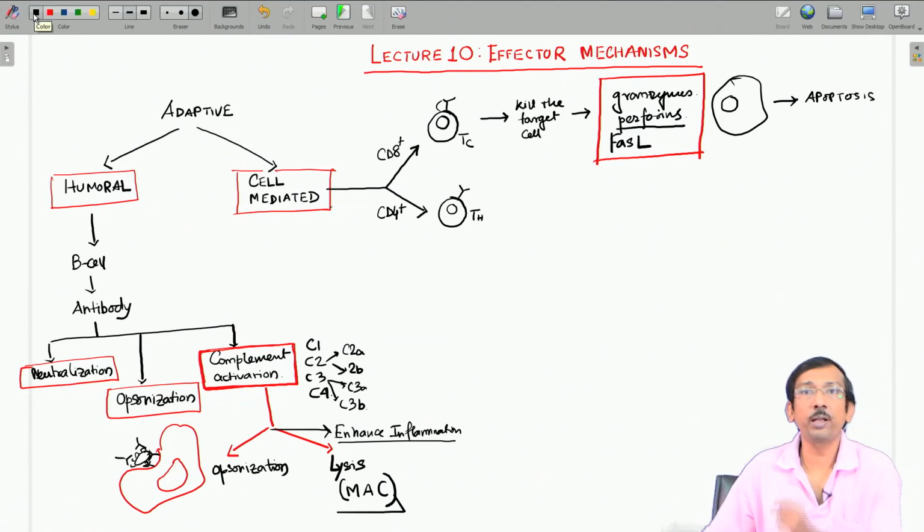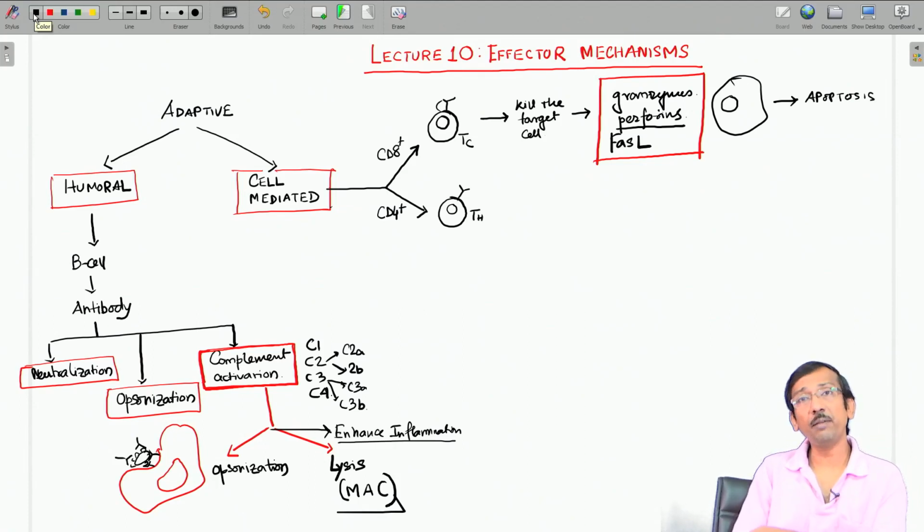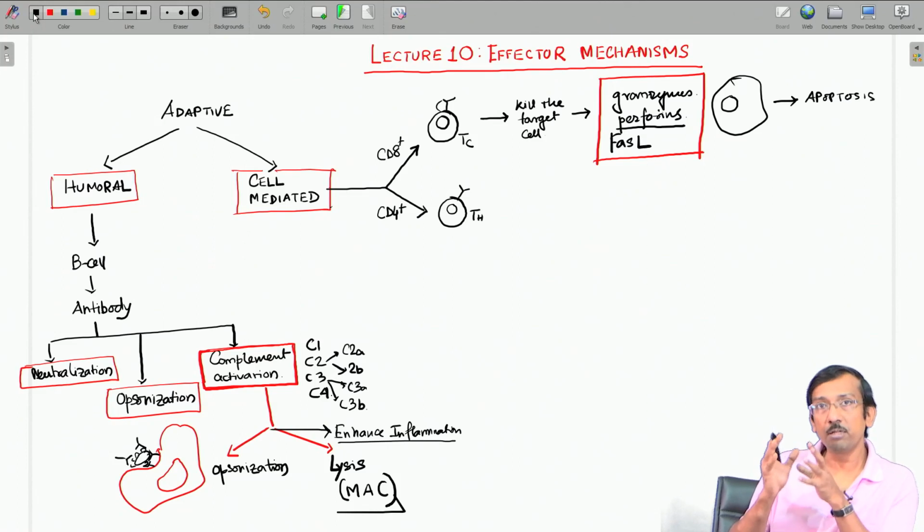As I described when I started talking about the adaptive immune system, the development and activation of the T cells, I have shown this interaction in the last class, if you remember.